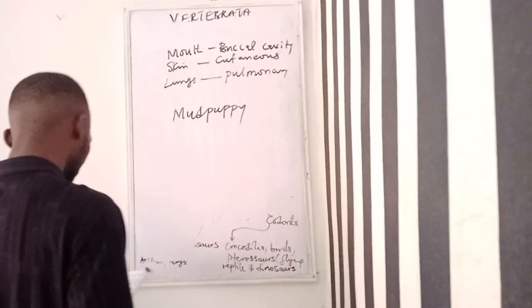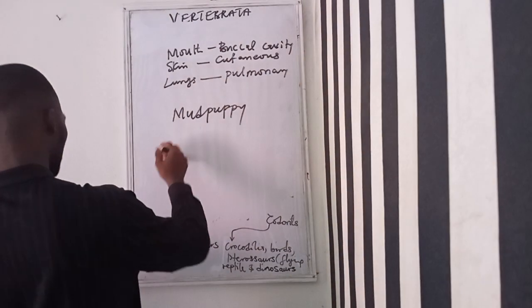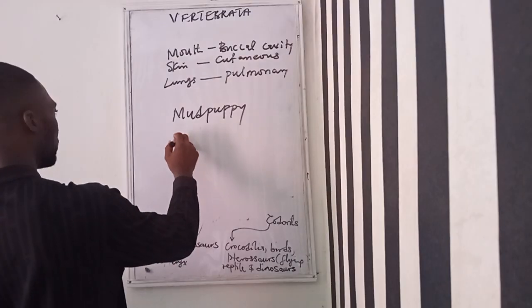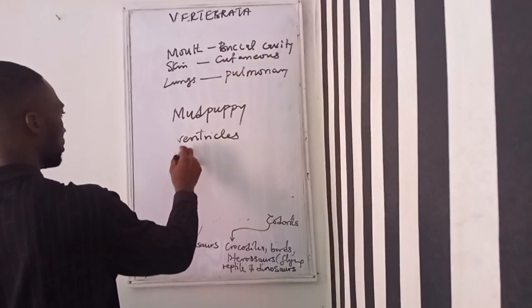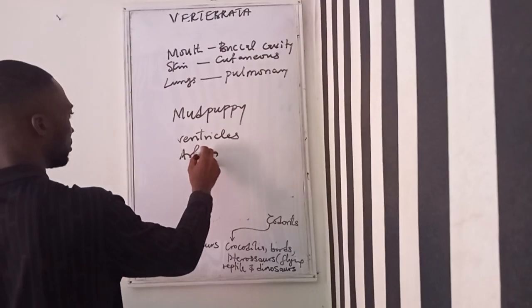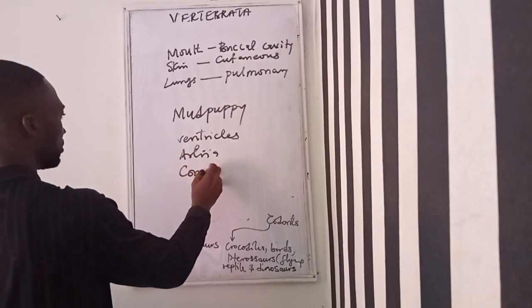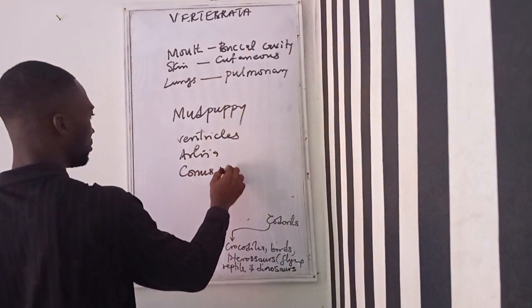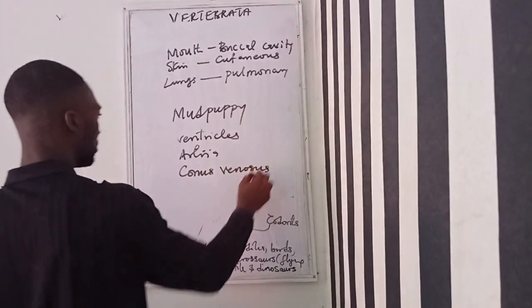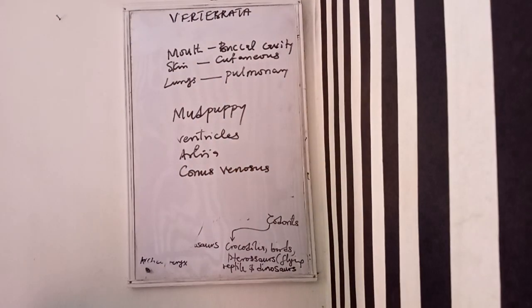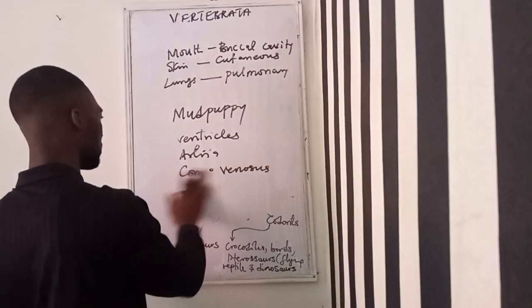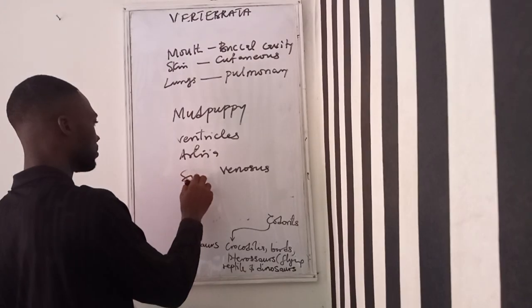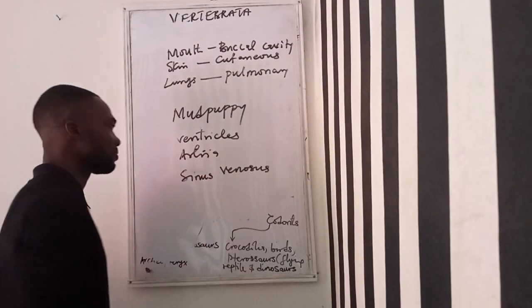So we have the ventricle, the atria, then the sinus venosus, sorry, not conus, the sinus venosus.